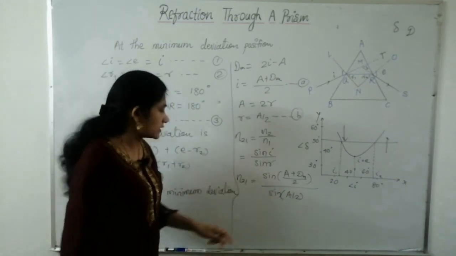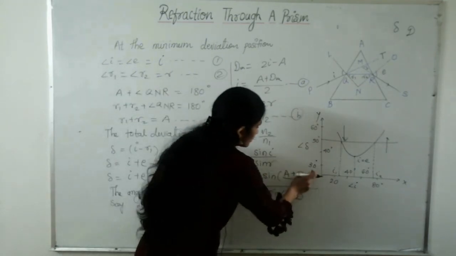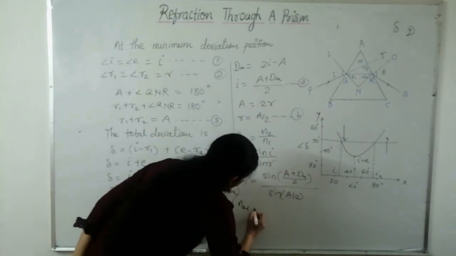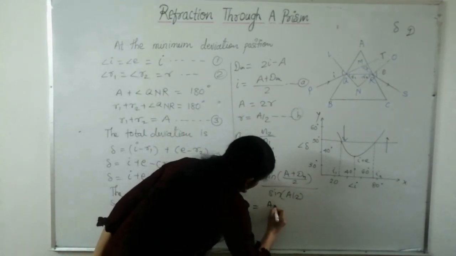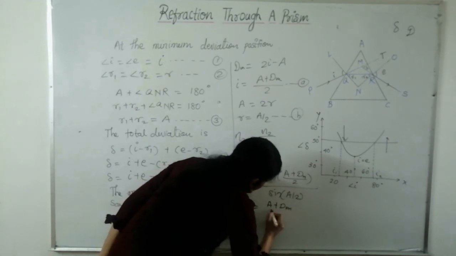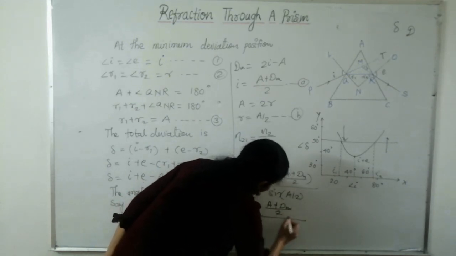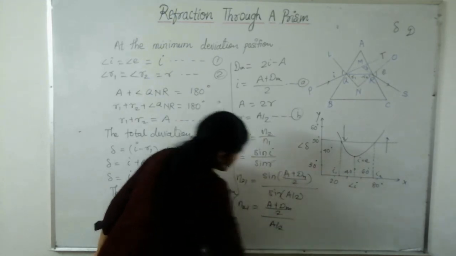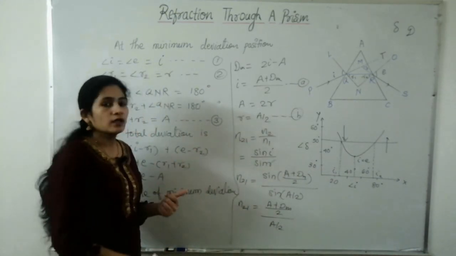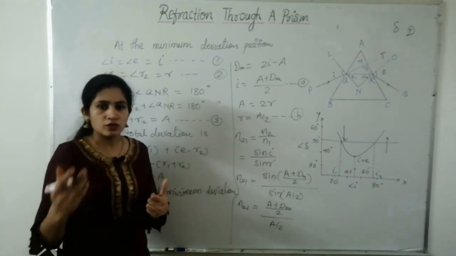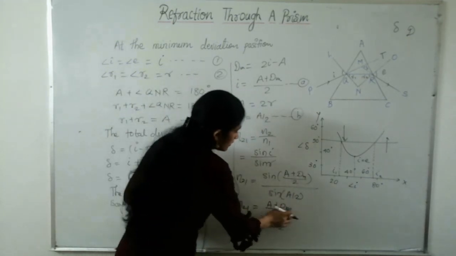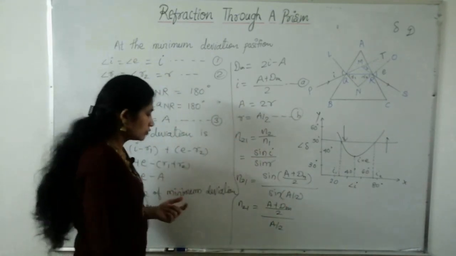Now for a small angle prism, meaning this angle is small, this equation becomes n21 is equal to (A plus dm) by 2 divided by A by 2. If the angle is small, then we take sin theta is equal to theta, and therefore the sine of this angle is equal to (A plus dm) divided by 2.